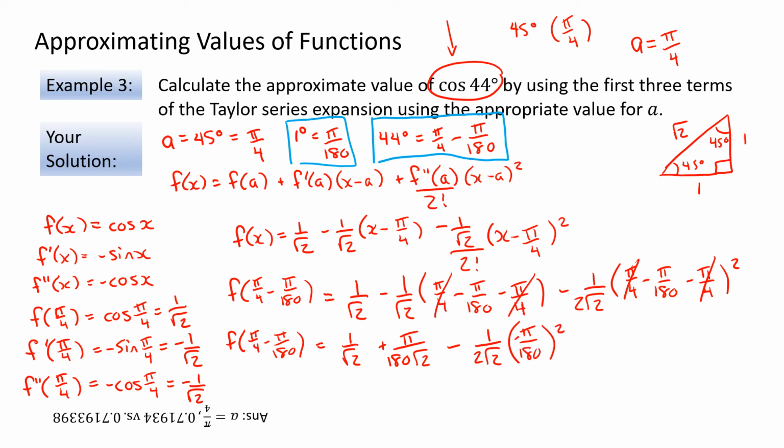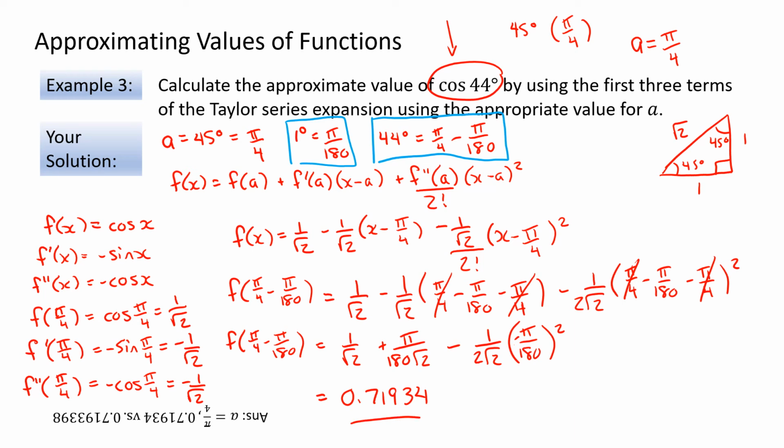Okay? You could have done that in your calculator as opposed to simplifying it here, because now you have to put these numbers in your calculator if you're going to get a final answer. So if you do, you actually get a final answer of 0.71934. Okay?